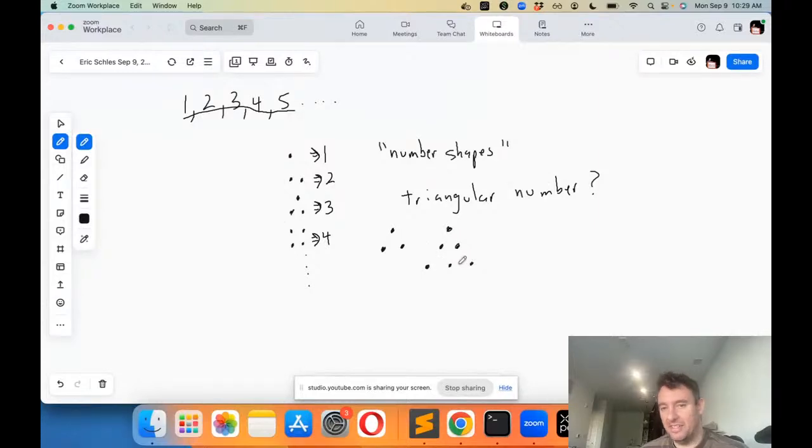And now we see that 6 is also triangular, as is the number 10. If we just count, this is 6 and this is 10.